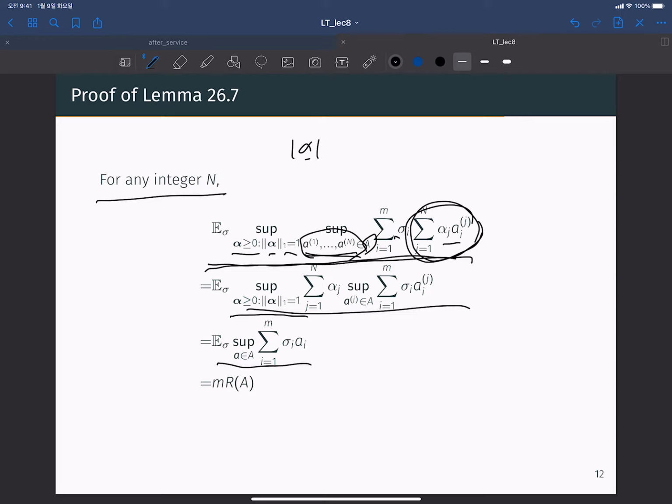In the end we have this, and this is just the Rademacher complexity of the original set A. Linear combination does not change the Rademacher complexity. That comes from the definition and can be easily shown like this, just using the supremum and product simple property.